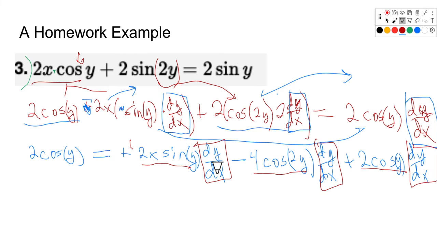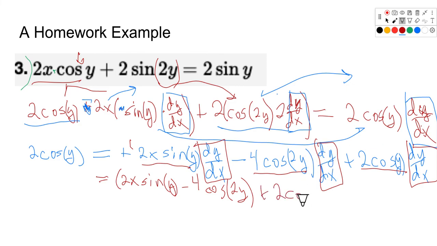Let's see, I might be able to write this, see if it helps. So we have 2x sine y minus 4 cosine 2y. We're doing on time, wow. Dy dx got factored out, plus 2 cosine y, and then in the back is dy dx.